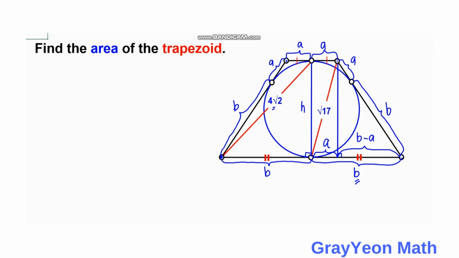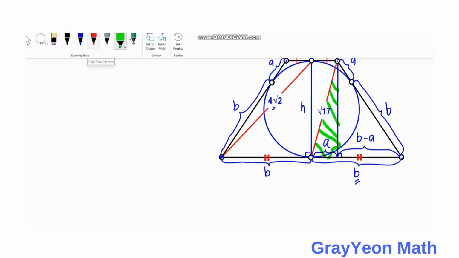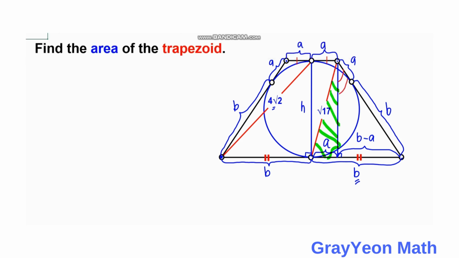Okay, so next we focus on this right triangle. And we notice that with this right triangle, this other one, let's shade this as red, is also a right triangle. They have the same height h.